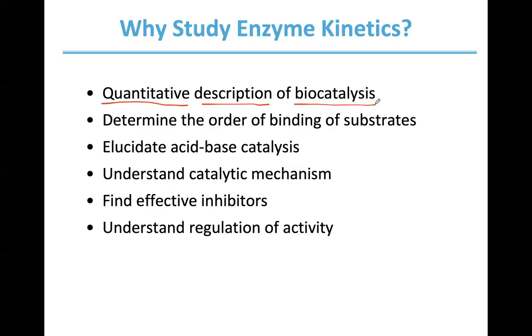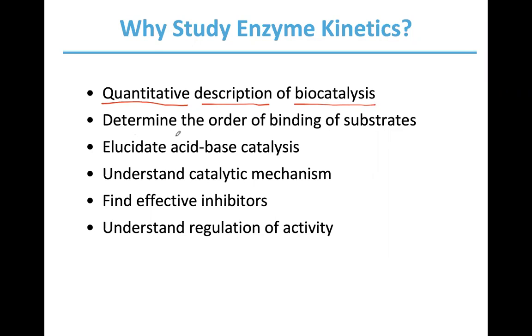So why, for example, when you take a medication, if you have two different choices, this medication over that medication, why do you need to take 200 milligrams of one and 2 milligrams of the other to achieve the same effect, right? If the inhibitors work with the same mechanism, they're just different compounds. Why do you have to use 100 times more of one than the other, right? So that comes down to kinetics. Comes down to kinetics and comes down to quantitative description of the interaction between the inhibitors and the enzyme.